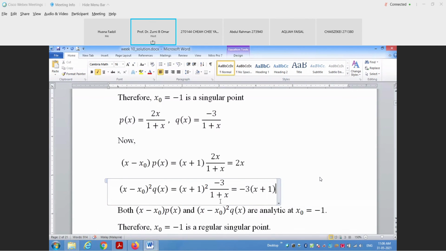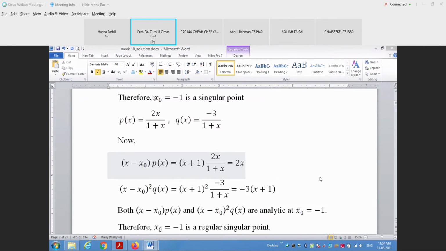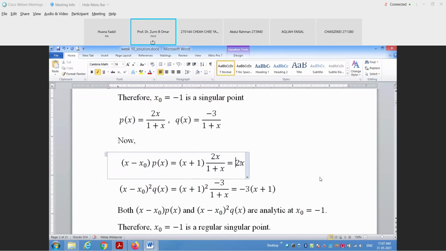All right, and then if we substitute the value of x naught with minus 1, we have 2 times minus 1, so we get the value minus 2. Then here also, when we replace x with minus 1, we have minus 1 plus 1 is 0, so 0 times minus 3 is 0.